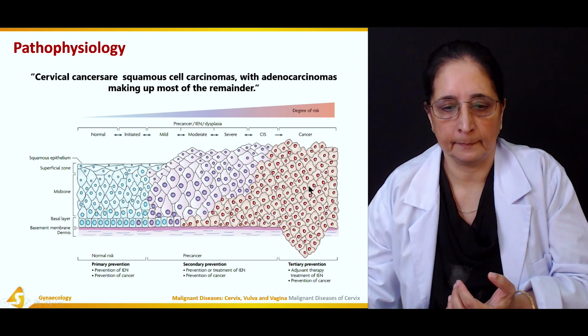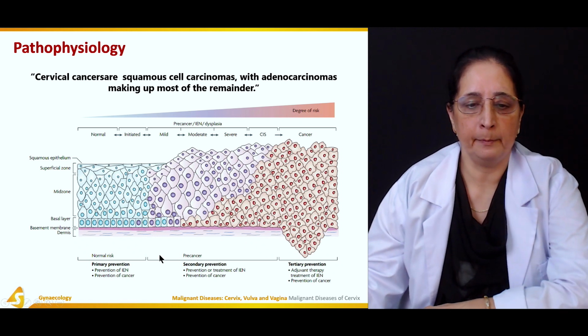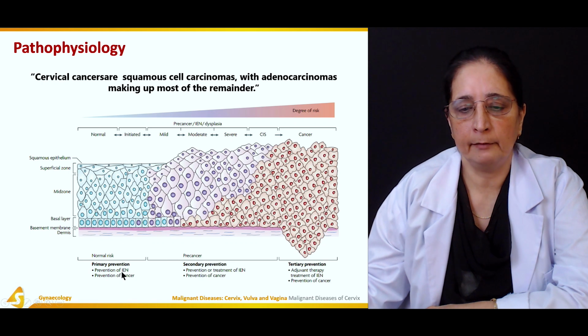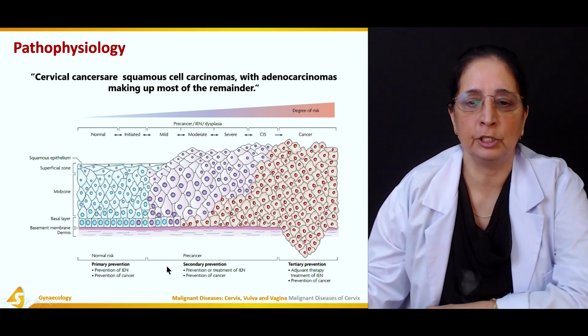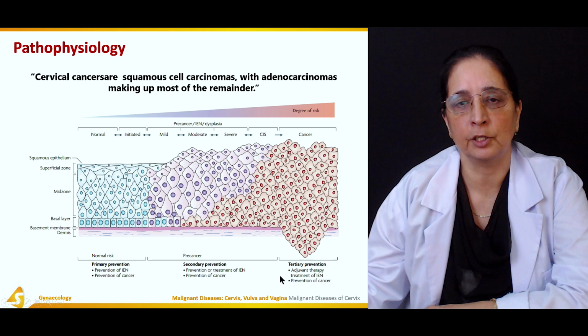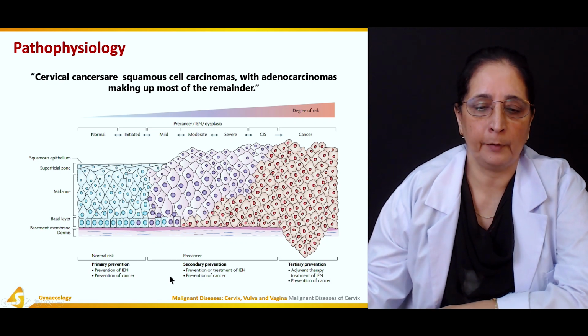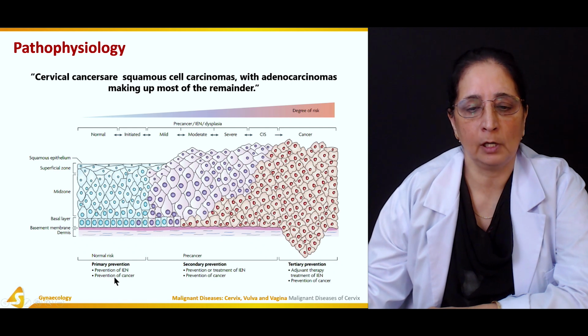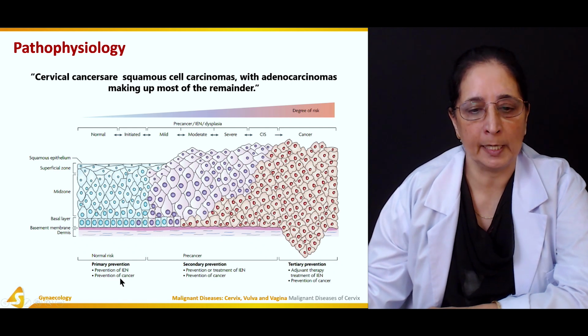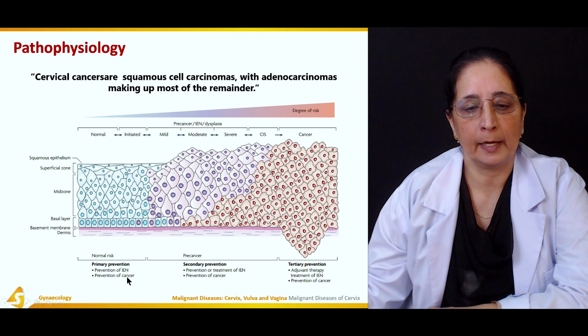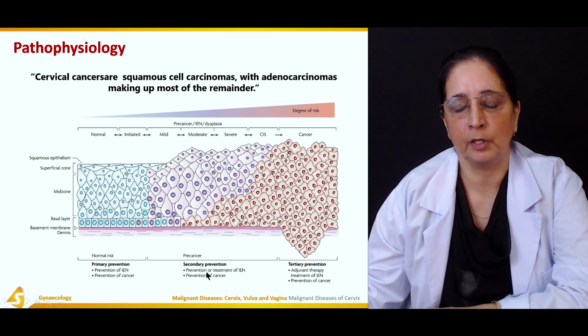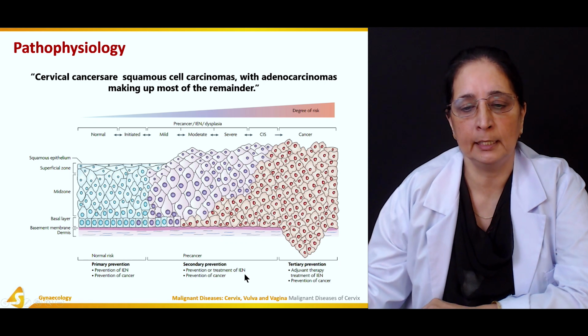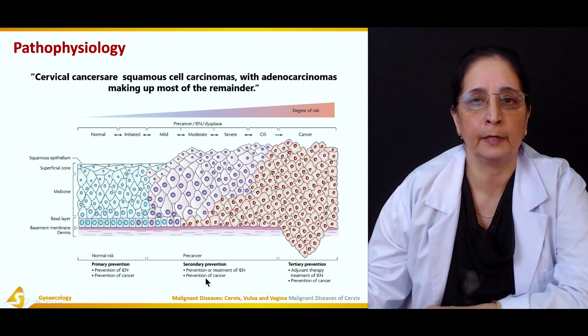Then there's primary prevention, then we have secondary prevention, and then third is tertiary prevention. In primary prevention, there should be prevention of intraepithelial neoplasia, prevention of cancer. In secondary, we have prevention or treatment of intraepithelial neoplasia or prevention of cancer.